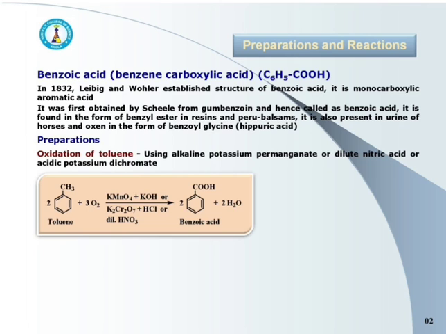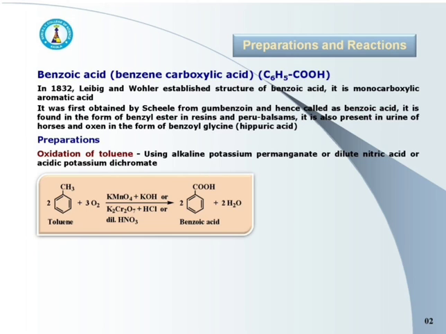Let's discuss the preparations of benzoic acid. First, by oxidation of toluene. Benzoic acid can be prepared by the oxidation of toluene using alkaline potassium permanganate, dilute nitric acid, or acidic potassium dichromate.